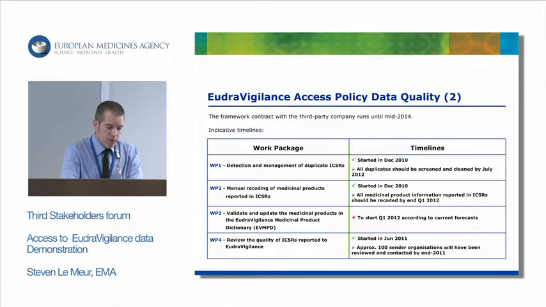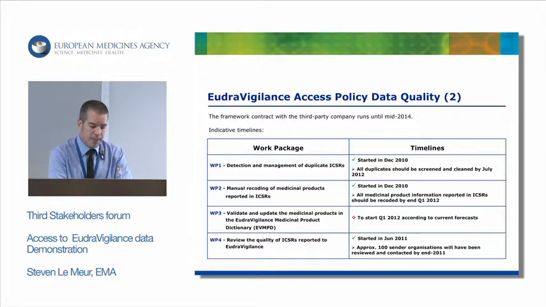For the manual recording of medicinal products, the work also started in December 2010, and all medicinal product information reported in the safety reports should be recorded by the end of Q1 2012.